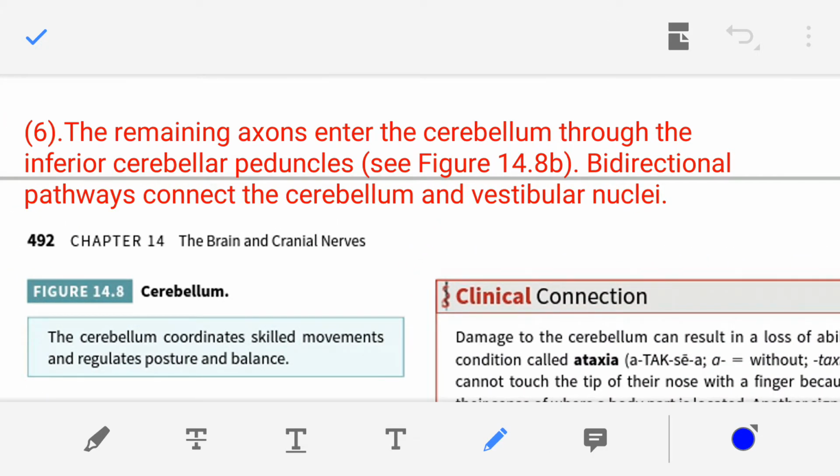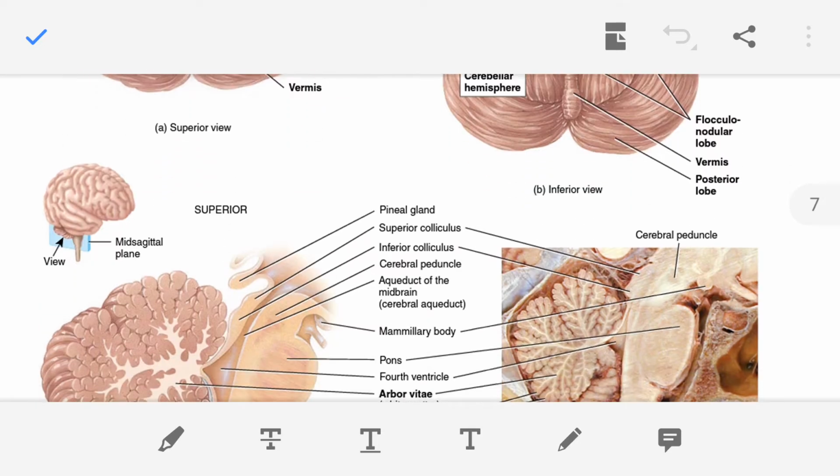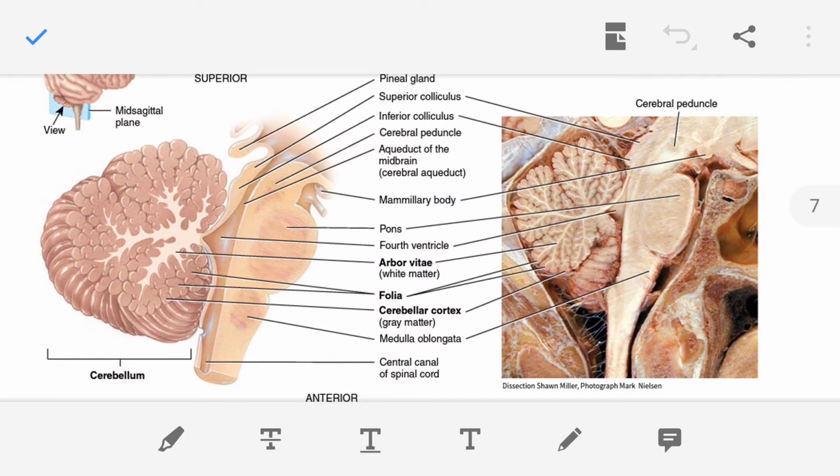The remaining axons enter the cerebellum through the inferior cerebellar peduncle. Let me show you. For example, in this figure you see the entire cerebellum.